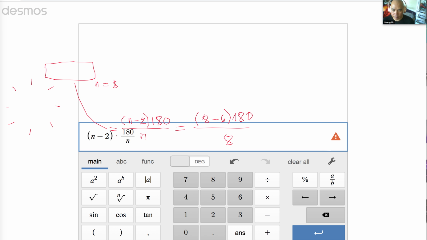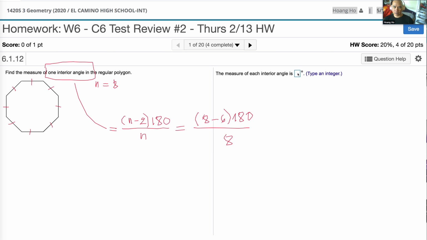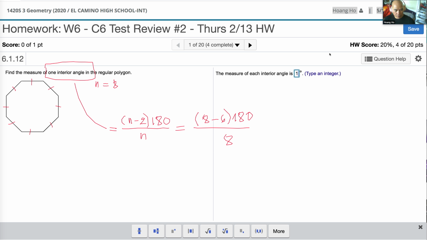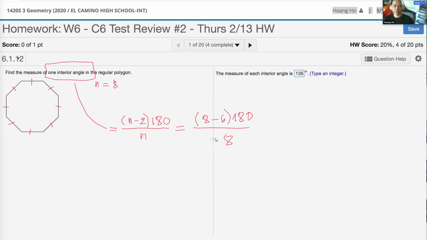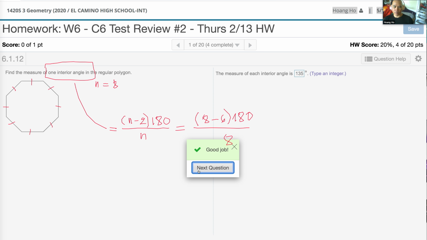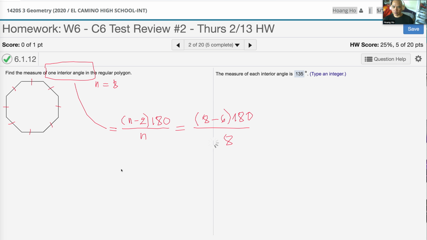Now you just substitute n, in this case an octagon, equals 8, and you get the answer 135 degrees. So go back to here, and the answer is 135. Voila. Move on to question number 2.